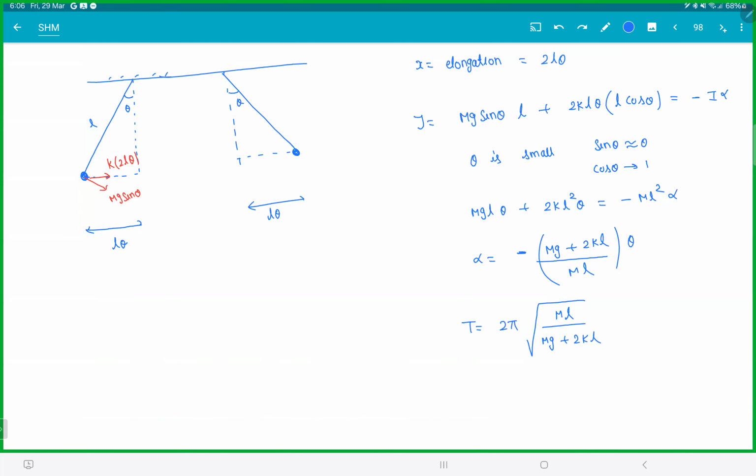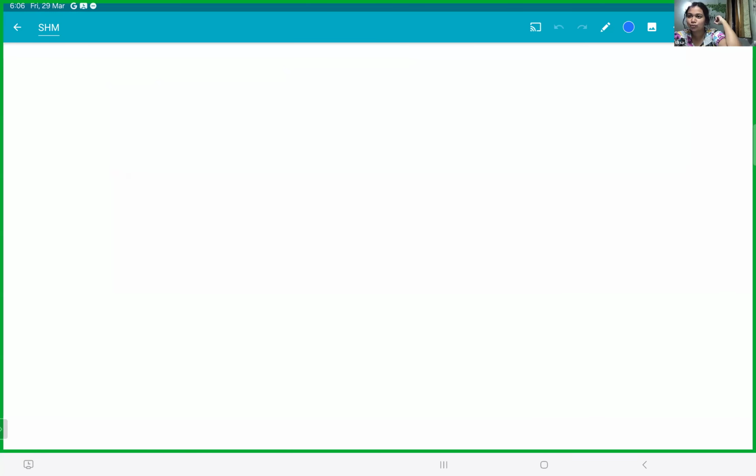What is the catch for the second one? We discussed this multiple times with the rubber band. When it gets slack, then it won't matter. So I think the time period is this plus 2 pi root L by g, divided by 2.